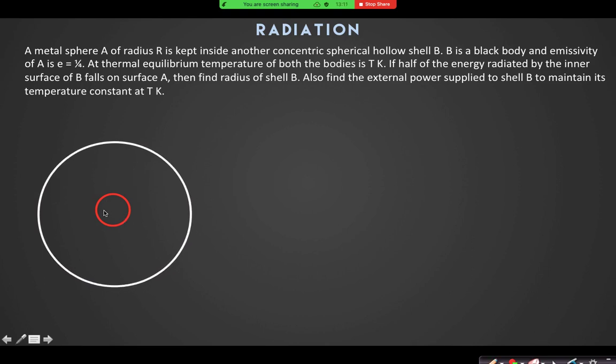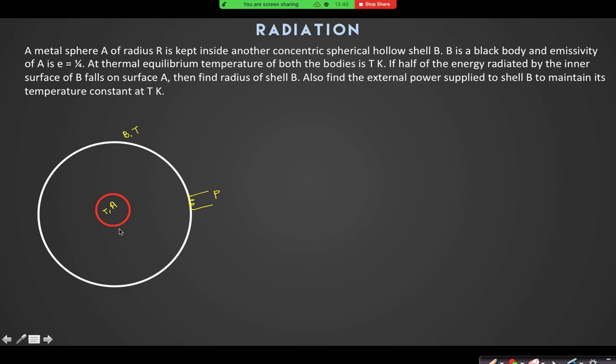So this is A given at a temperature T, and this is B at the same temperature T. I am supplying some external power to the shell B, but there is no external power to the shell A.